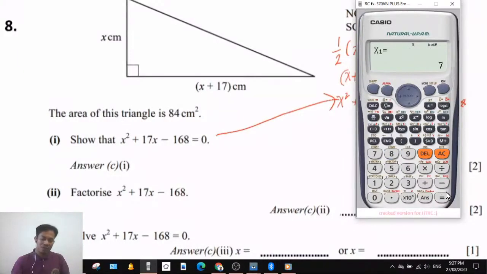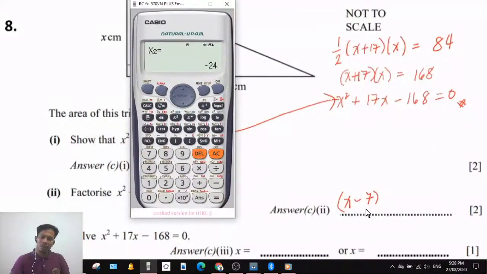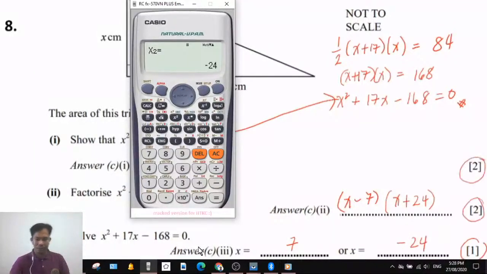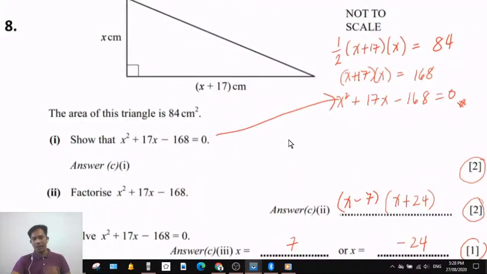It will give me 7, so it will be x minus 7. And the other one is negative 24, so I'll put x plus 24. Done. Solve. Definitely this is 7 and negative 24. 1 mark, 2 marks, 2 marks. Okay, as easy as that for question number 8.